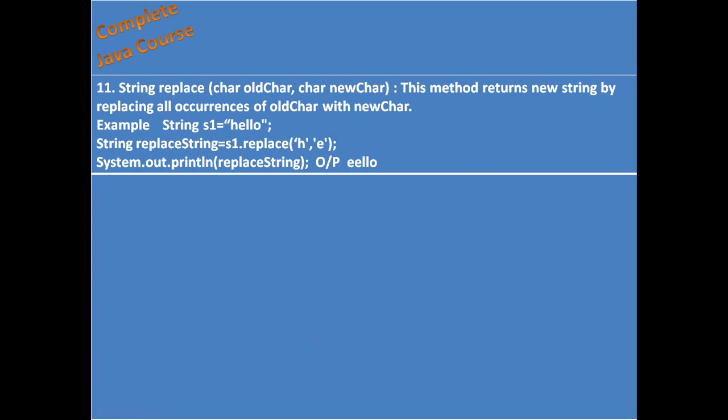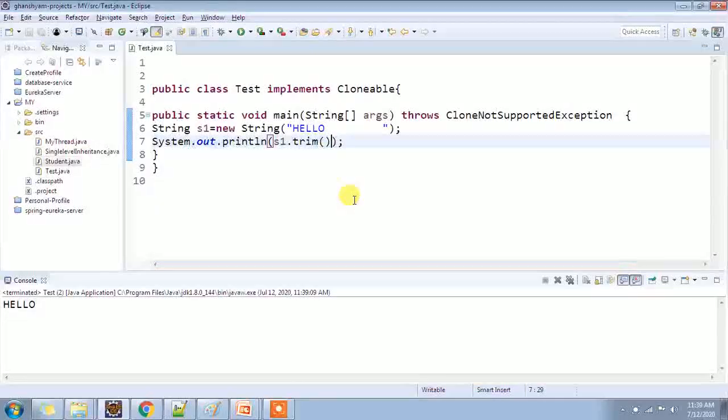Next method is replace method. This method returns a new string by replacing all occurrences of an old character with a new character. Suppose you have a string "hello" and you replace h with e. So you will get the replaced string. Suppose you have a white space here, and you just want to remove it.